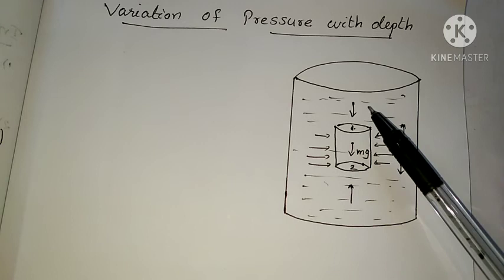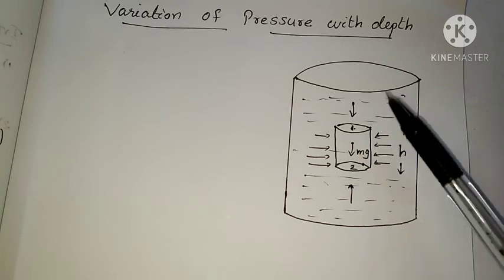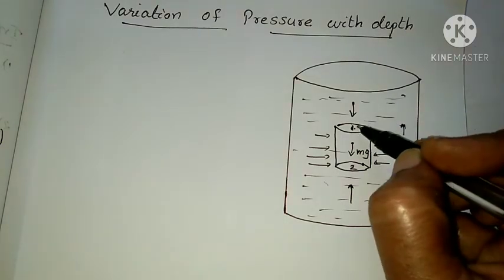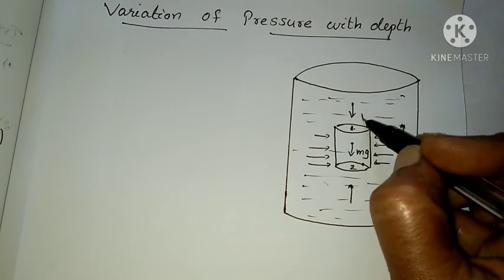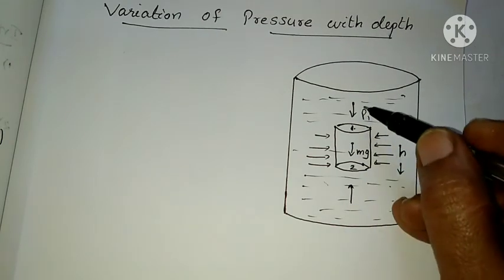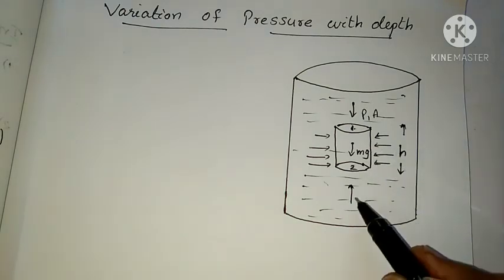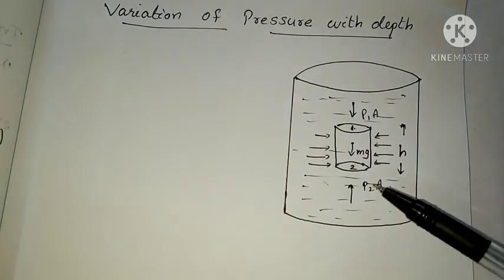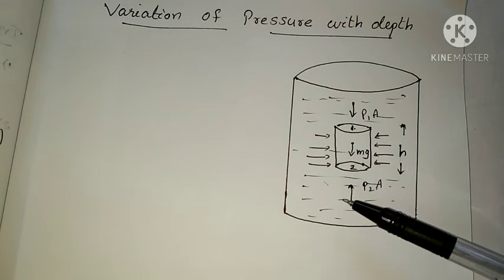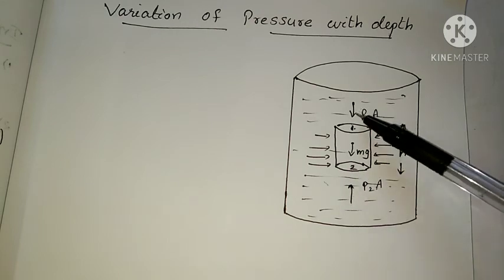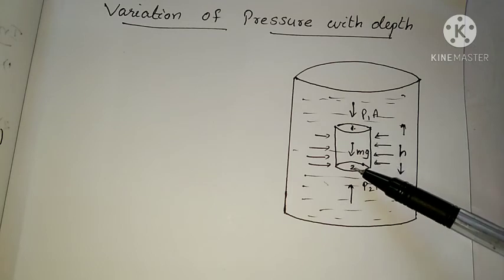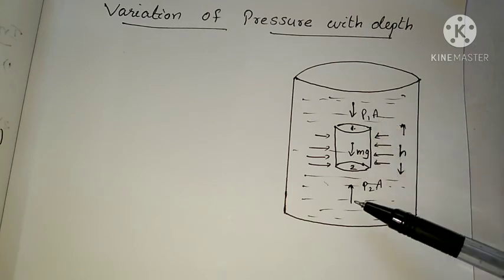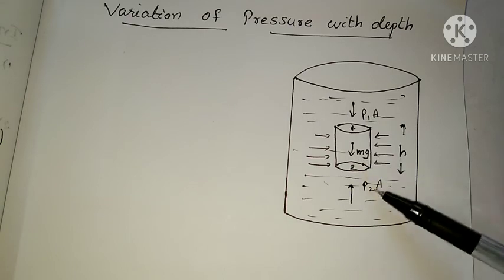So what is the force at the top? That is the pressure at point 1 times the area, P1A, acting downward. And what is the force acting in the upward direction? That is the pressure at point 2 times the area, P2A, acting upward.